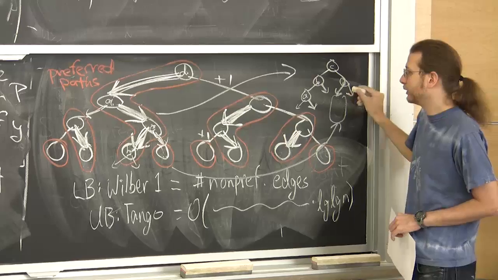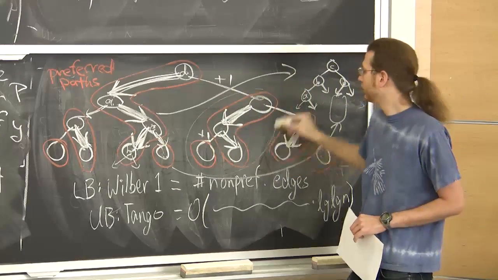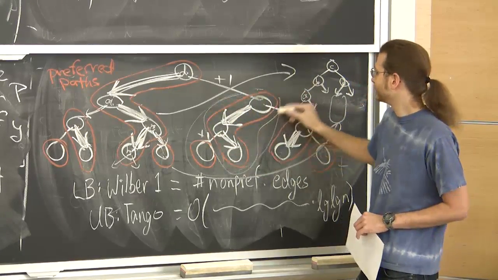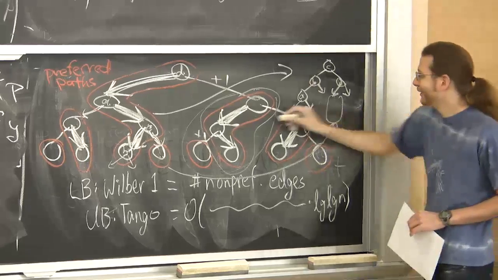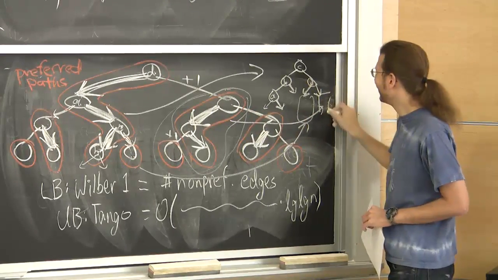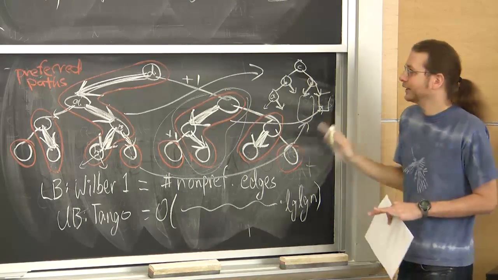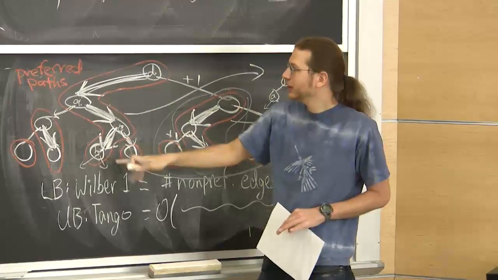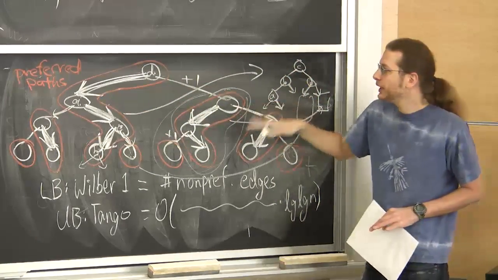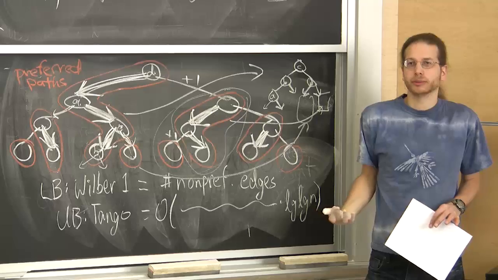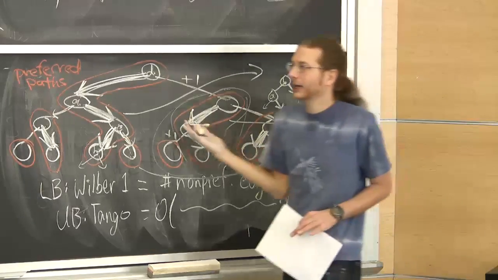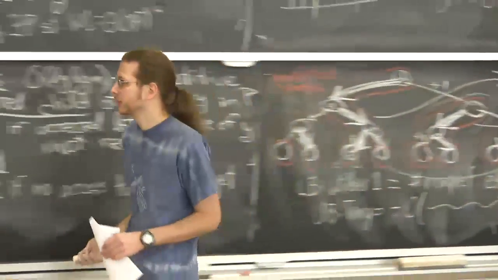And then this one is going to correspond to all this stuff. Well, in particular, this one. So it's a little hard to draw this picture, but you get the idea. You just rebalance each of these things, keep the pointers between the preferred paths just as they were. It's uniquely defined how to do this because it's a binary search tree.